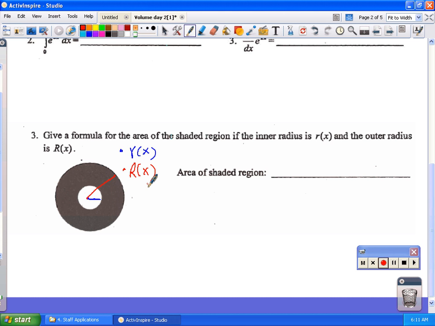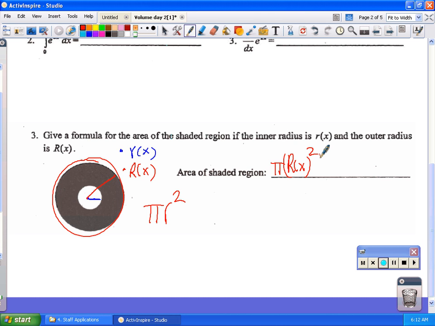Well, if we want to find the area of the shaded region, we know that the area of a circle is pi r squared. In this case, we're going to take the big circle, which is the outermost circle, and find the area of that, so that would be pi big R of x squared.